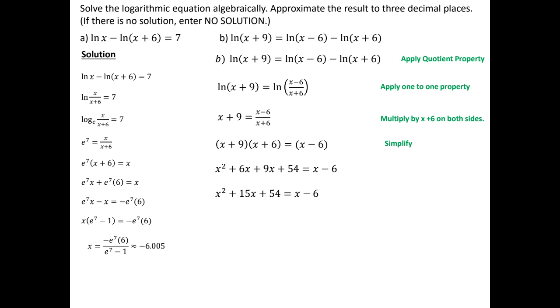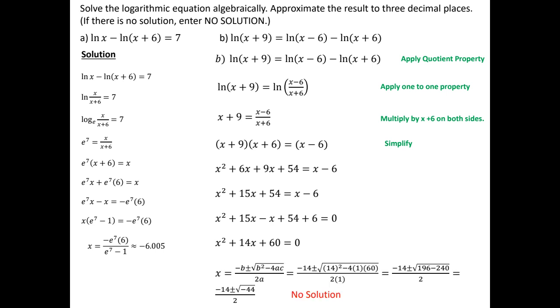So I'm going to subtract x on both sides, add 6 on both sides. I have x squared plus 14x plus 60 equal to 0. Since I can't easily factor it, I am going to use my quadratic equation.